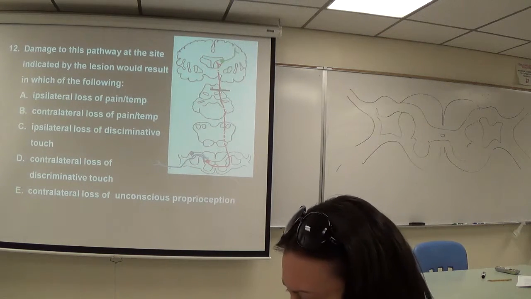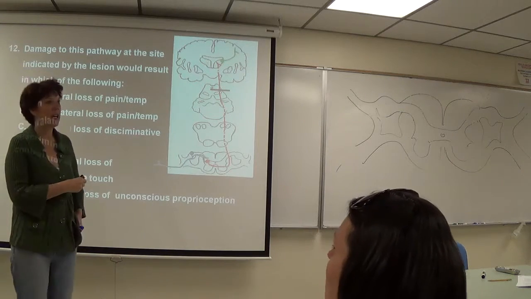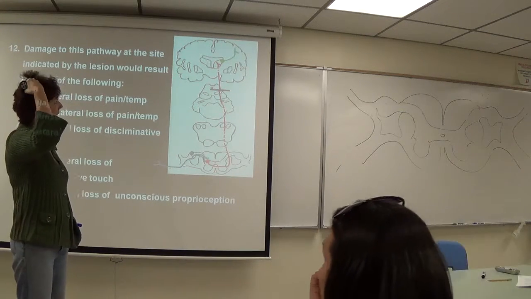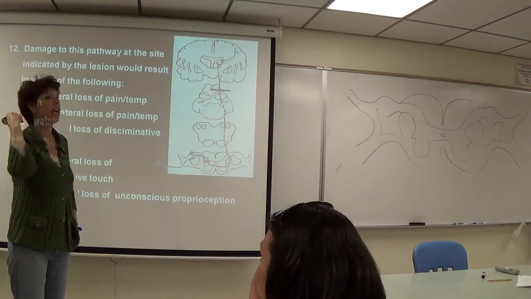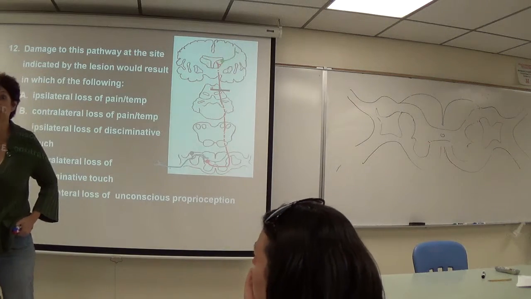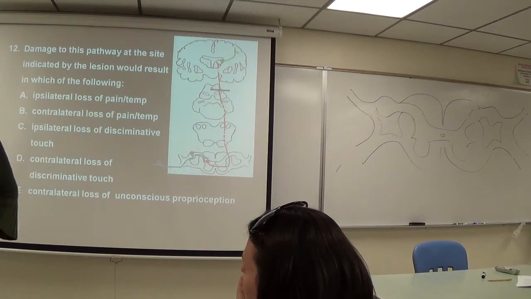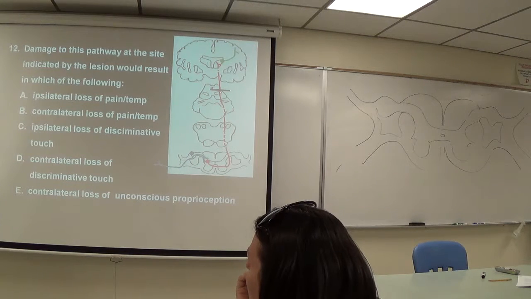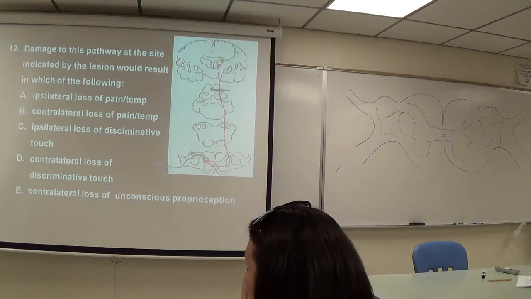Okay, so in my midbrain, let's say that I have an aneurysm of my posterior cerebral artery, or maybe my basilar artery, and I've lost function of that part of the midbrain, and so this spinothalamic pathway is no longer working. All the neurons in it are dead.